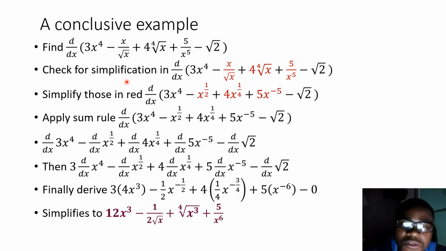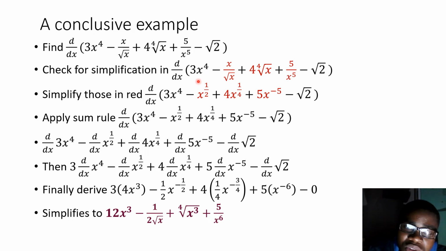But let's not forget that when we derive expressions which have radical forms and other inverse forms not presented in terms of exponents, we need to convert them, or write them in the form of exponents, so that we can derive them easily.